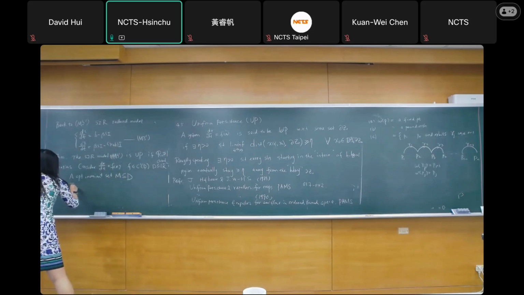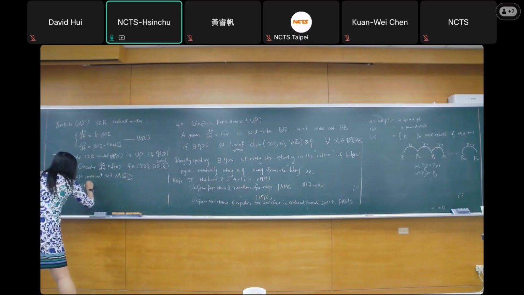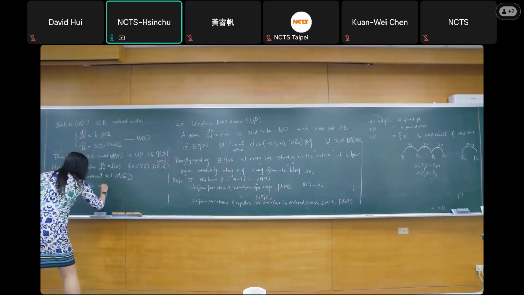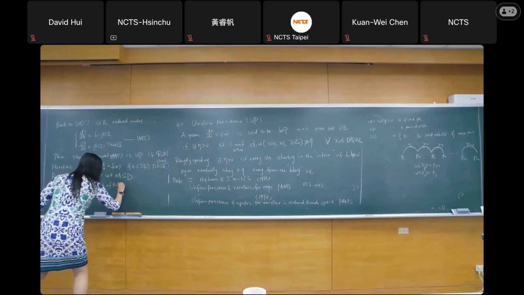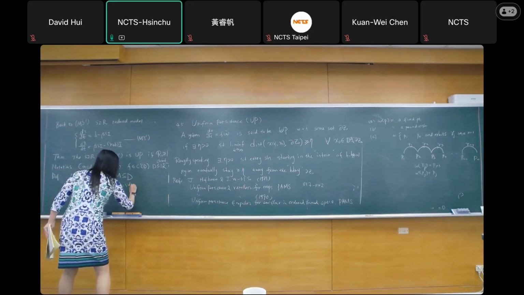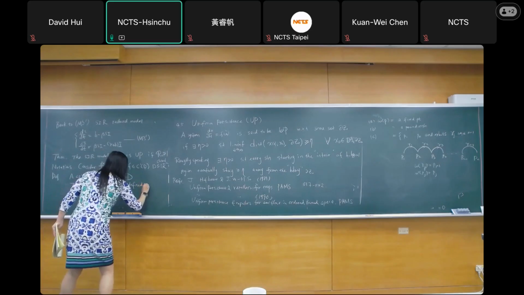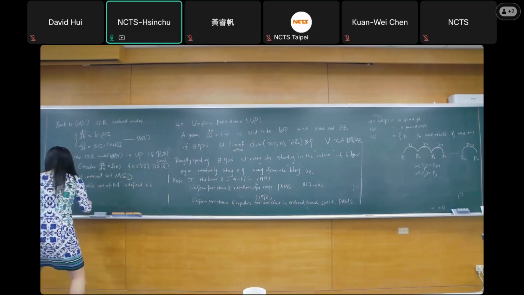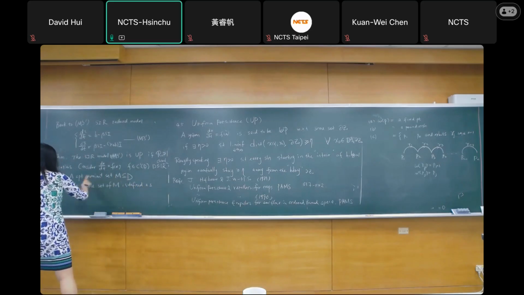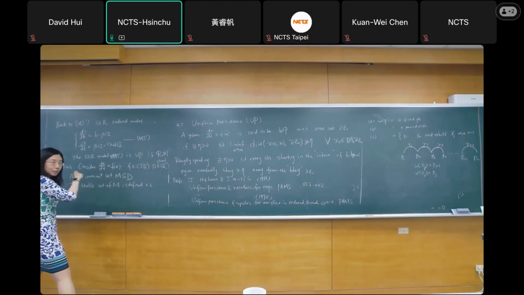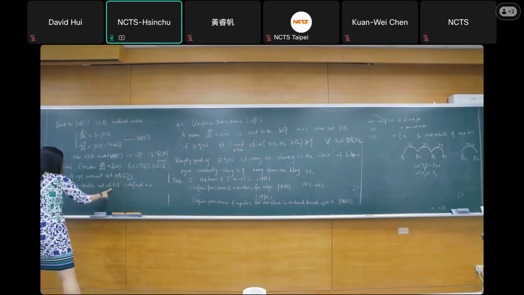The stable set of M is defined as follows. I should say M has to be a compact invariant set. Okay, you got what I'm saying. Now, for this kind of set, I can define the stable set.